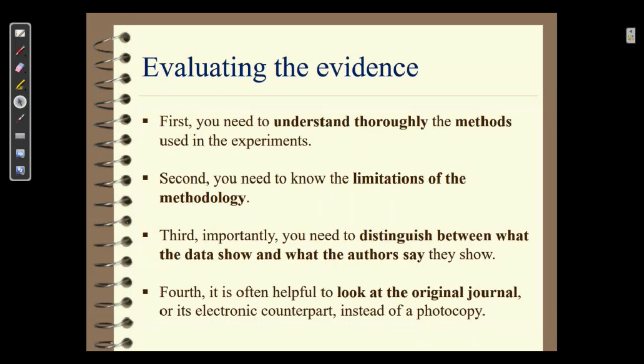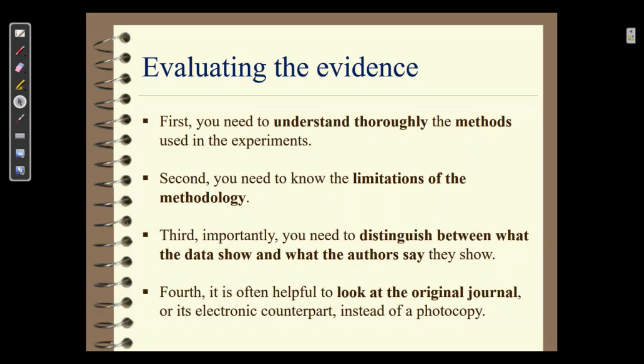And then we have to distinguish between what the data show and what the authors say. Let's say the author says that the XRD is shown in this way, and he says that scanning electron microscopy shows something else; this is a different thing. So what the data show and what the author says should be distinguishable, and they should agree with each other.